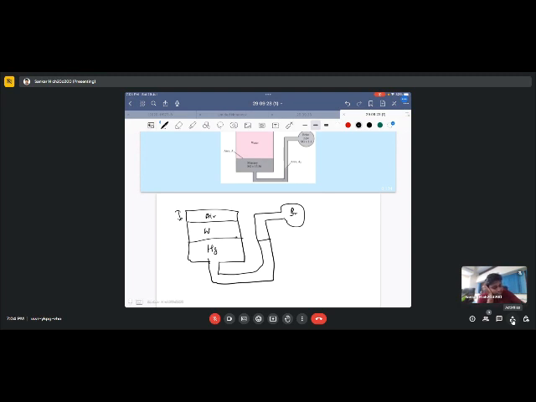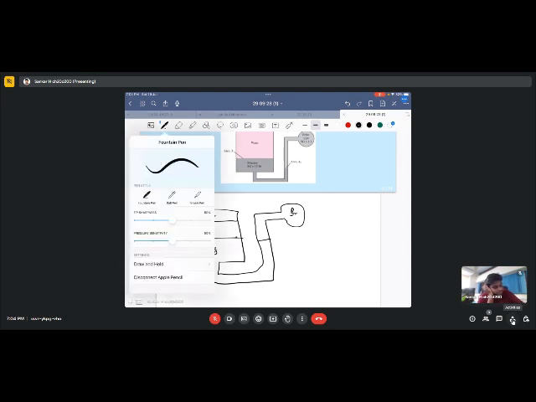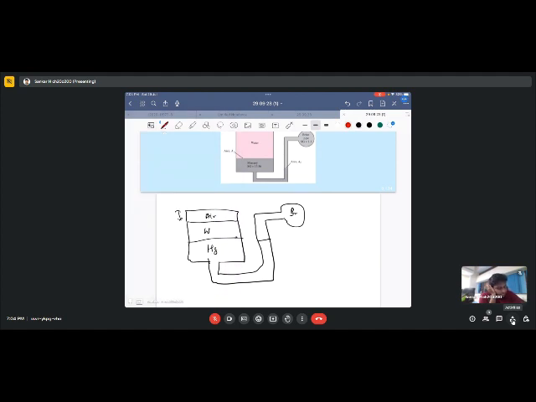This has a specific gravity of 1.1. So this is water, this is mercury, and this is brine solution.